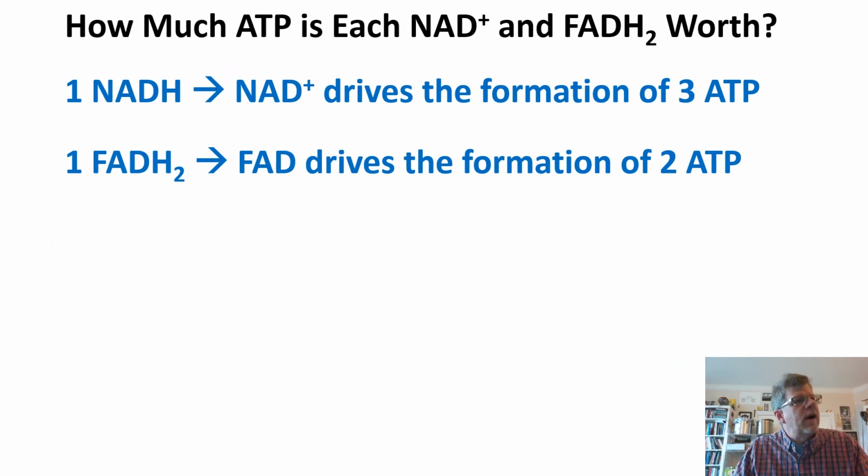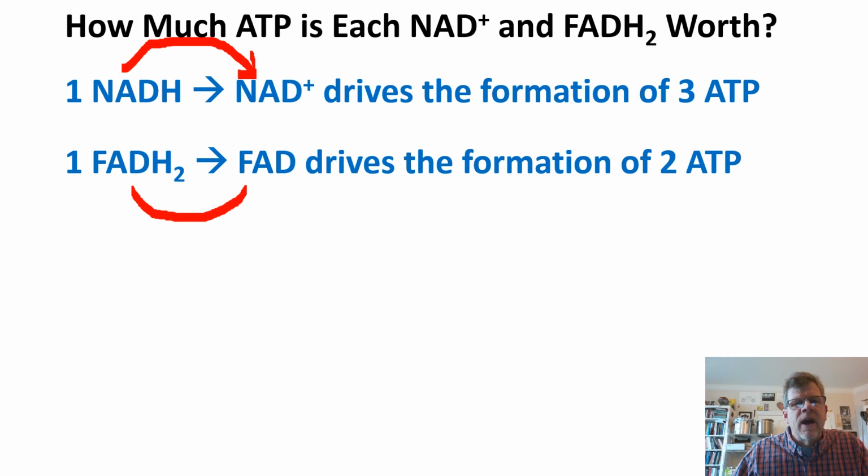So I've been going on endlessly about how NADH and FADH2 can be cashed in, if you will, for ATP. And finally here, we're given the exchange rate. We form ATP when NADH cycles back or reoxidizes to NAD, and we form ATP when FADH2 similarly oxidizes back to FAD, our original one.